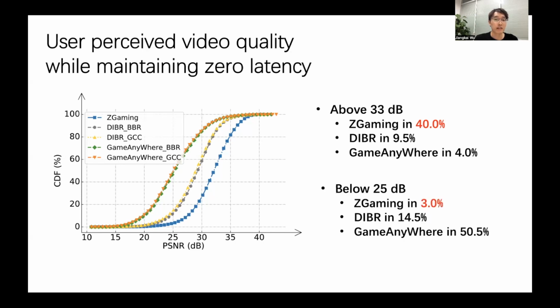On the other hand, ZGaming can significantly reduce the probability of users experiencing low video quality. For example, ZGaming has only 3% of cases where the video quality is below 25 dB, while DIBR has 40.5% and GameAnywhere has 50.5%.